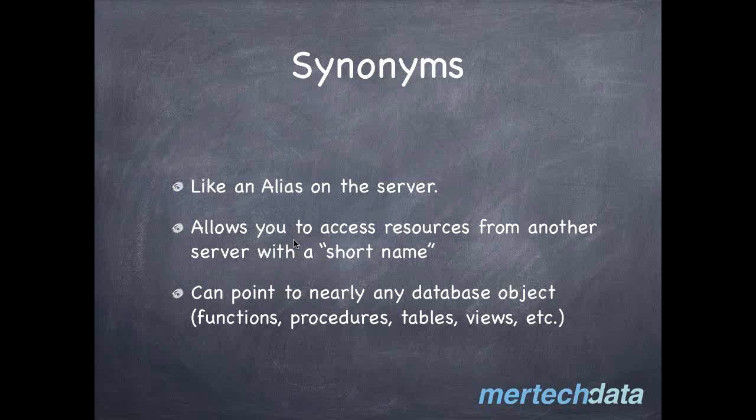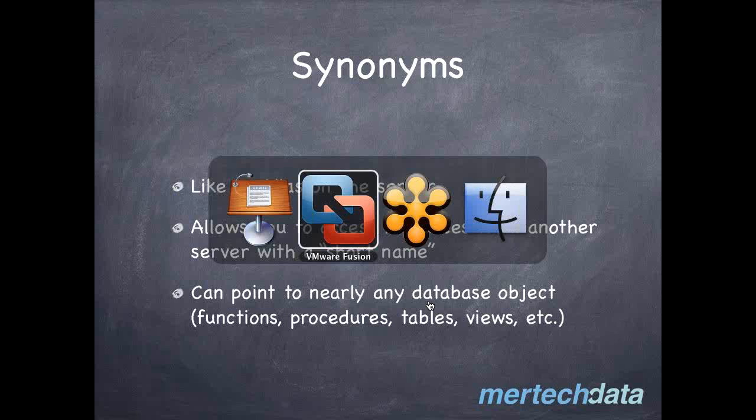So let's take a look at one possible use for a synonym. This is something that is already present in Oracle. Microsoft SQL has just gotten support for this. So again, this is another Microsoft SQL edition for us here. So let me switch over here.